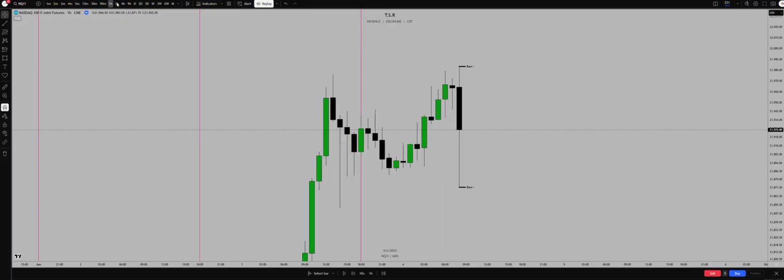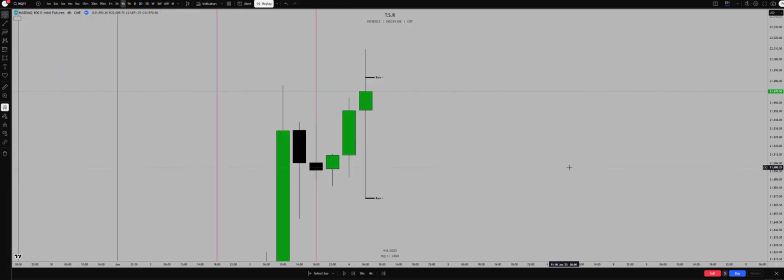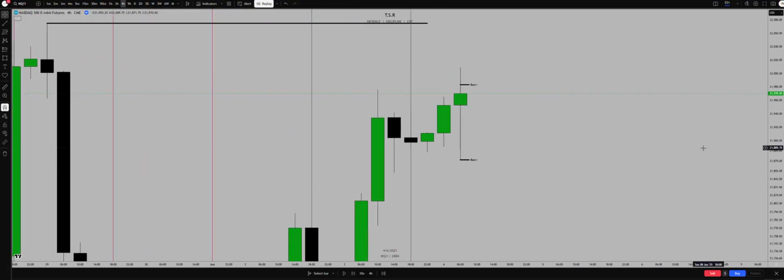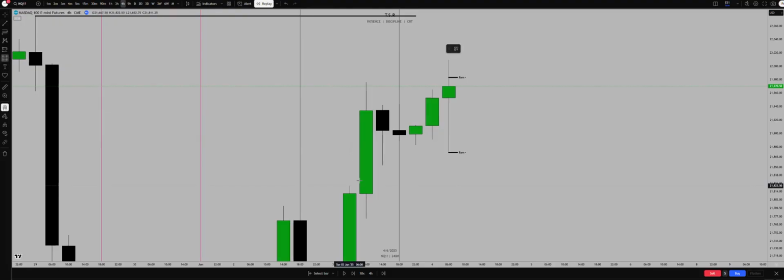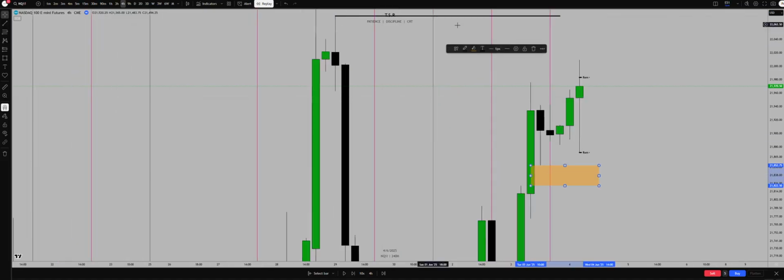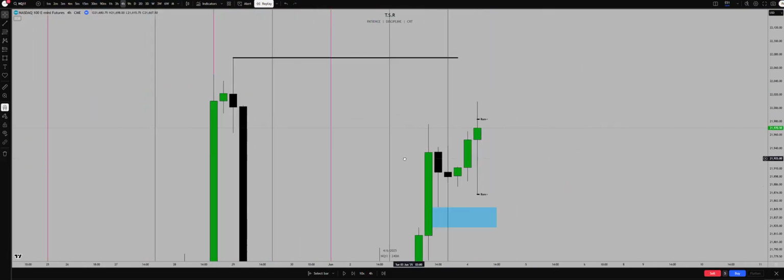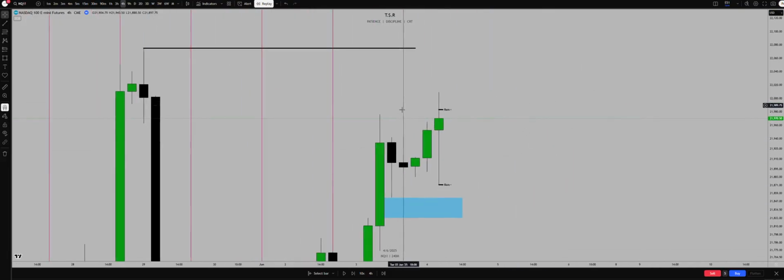And now we're going to need to locate some potential key levels here. We got the nice 4-hour fair value gap right beneath price action. That could potentially be used to push prices to the upside towards the final draw on liquidity. 4-hour fair value gap.